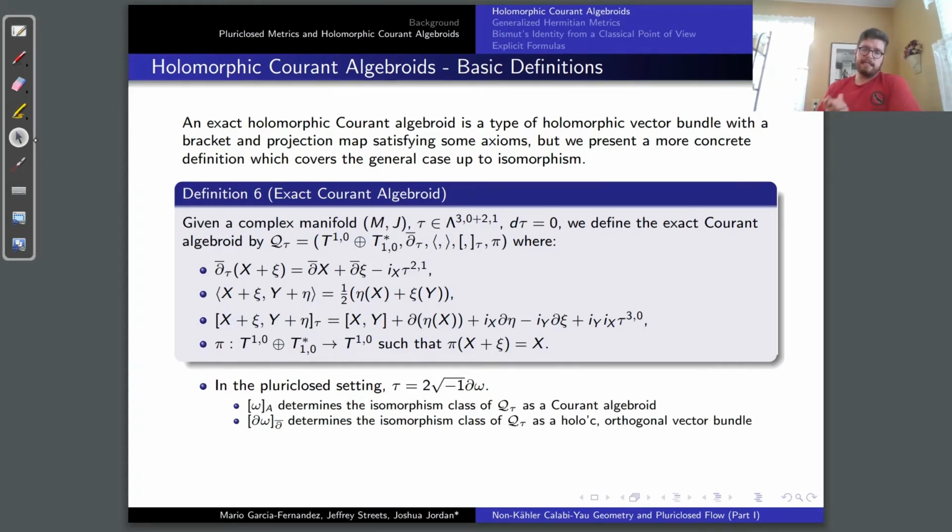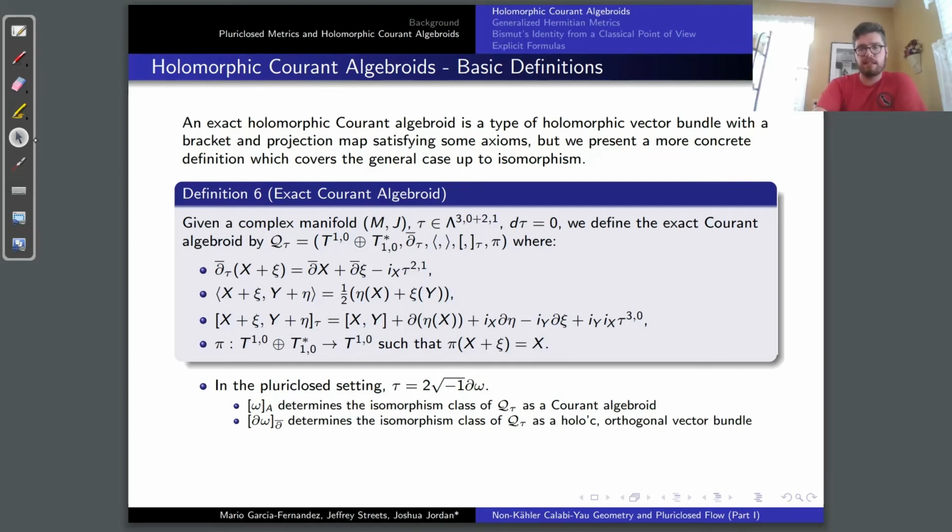And those pieces of cohomological data are relevant because they're related to different notions of isomorphism of Courant algebroids, right? Or different notions of equivalence of Courant algebroids. Okay, if you think about isomorphisms as Courant algebroids, then the Aeppli class of omega is what you're looking for.